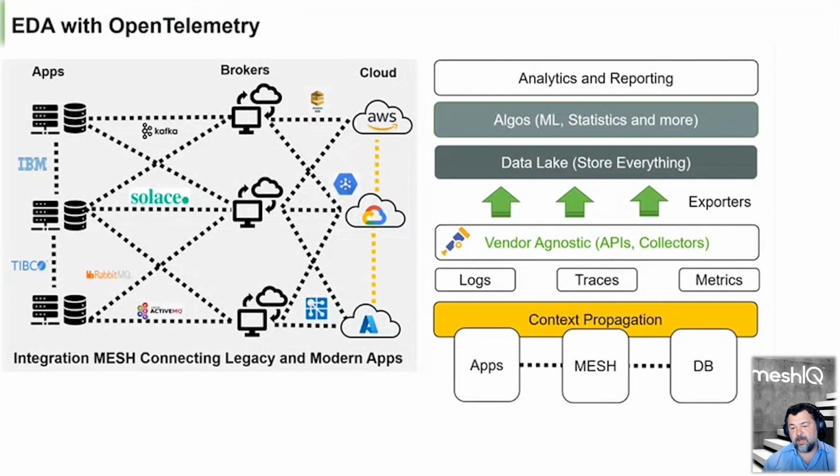And then there's a concept of context and context propagation, and that allows you to connect things like applications and the integration mesh, the things in between, the middleware, the messaging, databases and other things in the cloud that sit between applications and your business services.